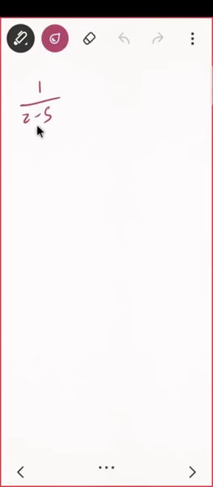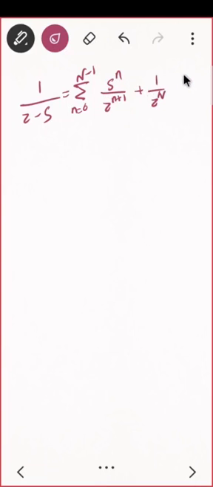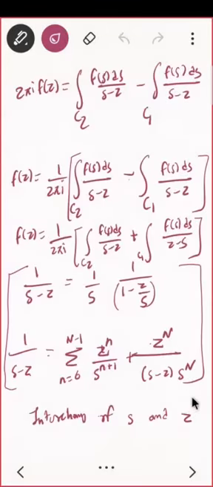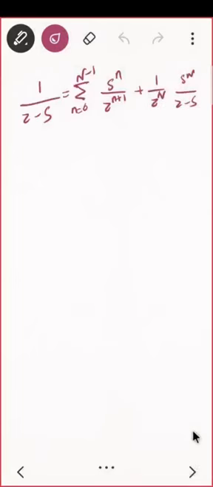So it will be 1 upon z minus s, that is equal to the summation n equal to 0 to n minus 1 of s raised to n upon z raised to n plus 1, and plus 1 upon z raised to n and s raised to n upon z minus s. Just quickly check. Yeah, it will be z, s and s. Yeah, it's perfect.